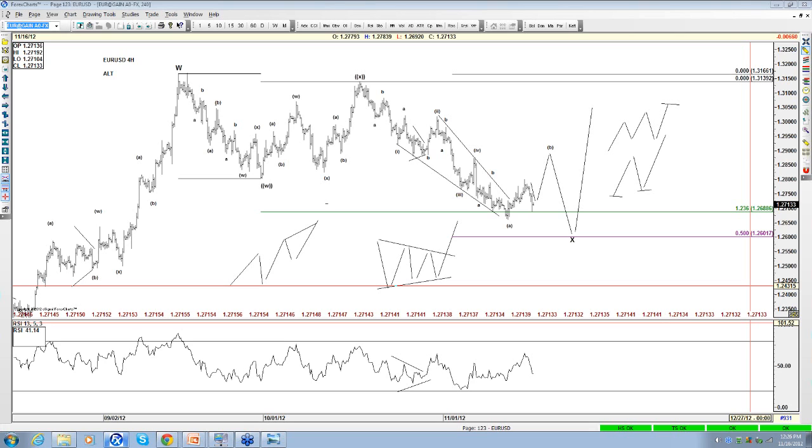So the guy that developed the RSI was a smart guy, but he didn't develop anything that was new.